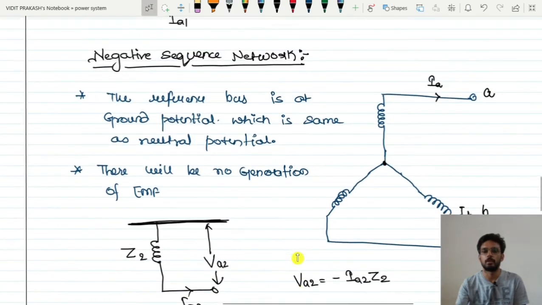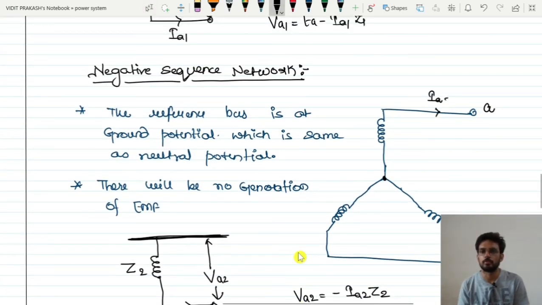Similarly, this was your negative sequence current, and this was the negative sequence impedance, that is Z2.